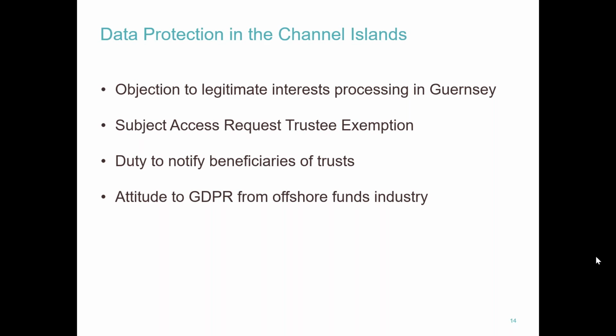There are arguments to be had here. I think there is a potential workaround for not providing it, in that it potentially cuts across the purpose for the processing, and there are some exemptions around that. But these are the sorts of areas, I think, in the trust industry, which makes up a lot of what we do here, that are potentially really thorny ones.